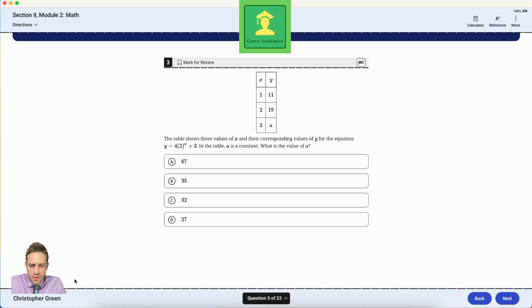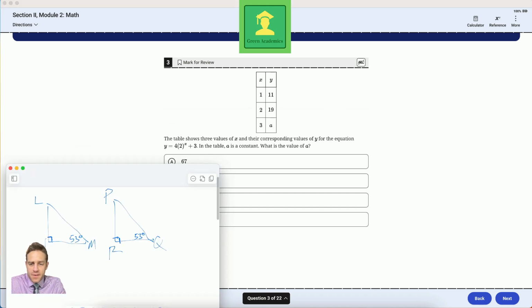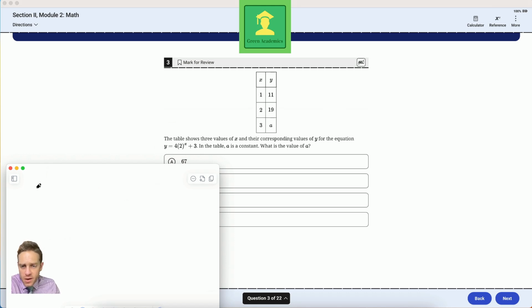The table shows 3 values of x and their corresponding values of y for the equation, where, in the table, a is a constant. What is the value of a? So whenever it gives you a function and points on the function, they want you to write out what you get. So for example, if it's y equals 4 times 2 to the x plus 3, 11 is what you get when you do 4 times 2 to the 1 plus 3, which is of course 8 plus 3, so yes.